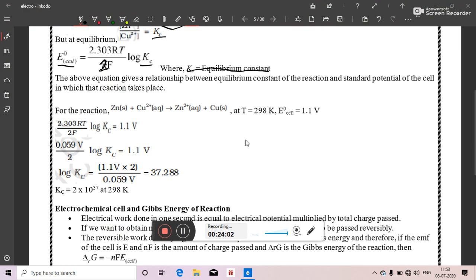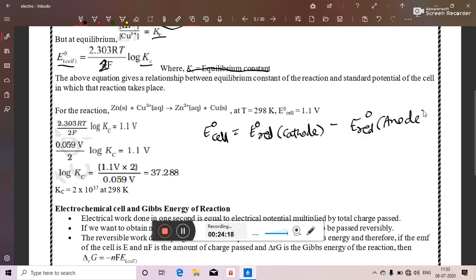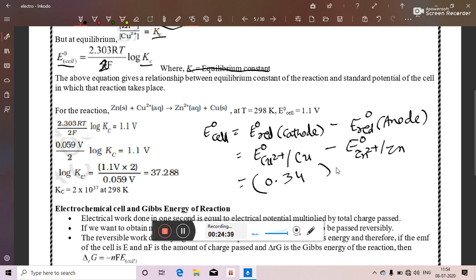So how will we find out E naught cell? E naught cell is equal to the standard reduction potential of cathode minus the standard reduction potential of anode. Now here the cathode is copper, so we write the standard reduction potential of Cu2+/Cu, minus the standard reduction potential of zinc, that is Zn2+/Zn. From the table of the EMF series, the standard reduction potential of copper is 0.34, minus the standard reduction potential of zinc, which is minus 0.76.